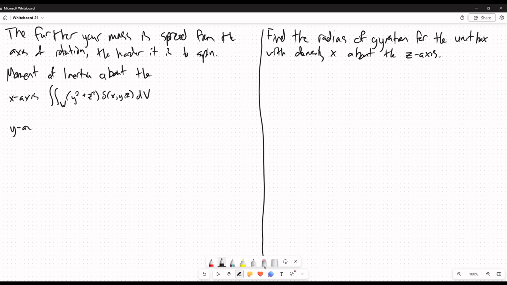About the y-axis, it's a similar story. Now my distance from the y-axis is going to be given by x squared plus z squared, times density, dV. And about the z-axis will be given by x squared plus y squared times density, dV.